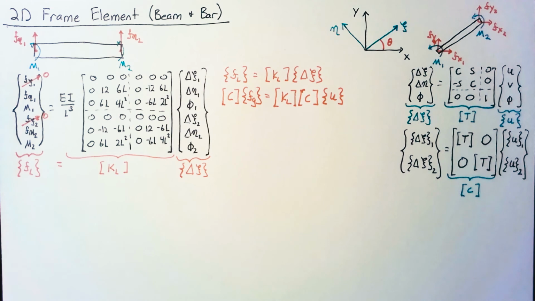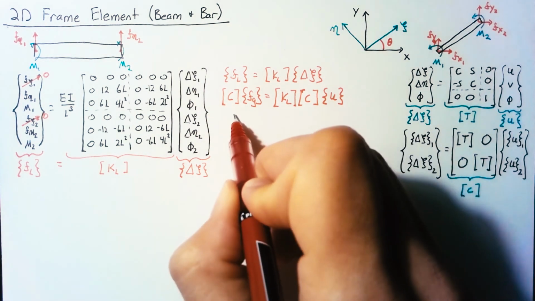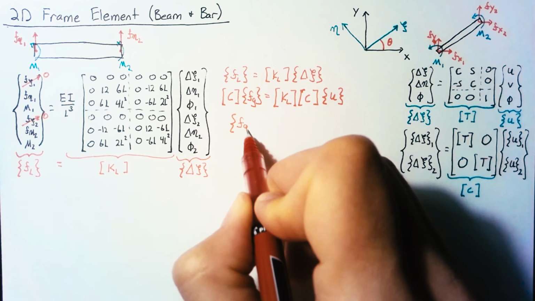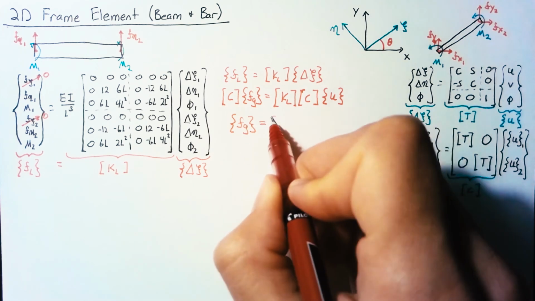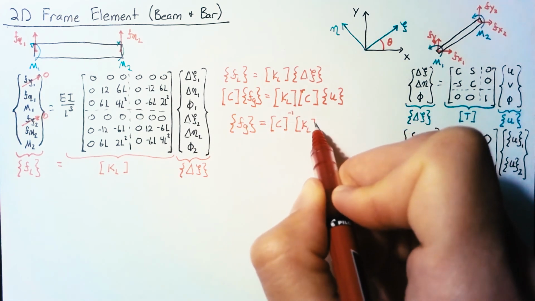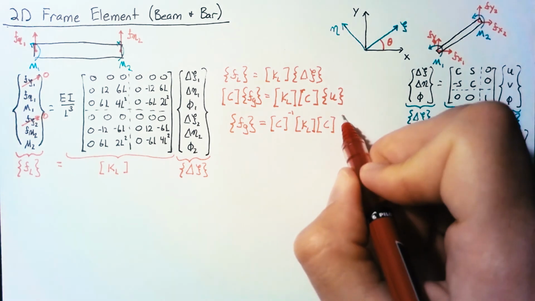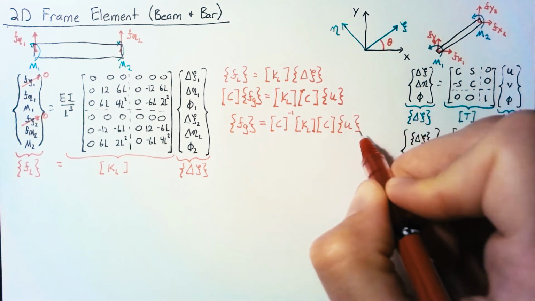Then we can pre-multiply by the inverse of C. That gets rid of this C, and we're left with the global forces being equal to this C inverse multiplied by the local stiffness matrix multiplied by C, and all that multiplied by U.